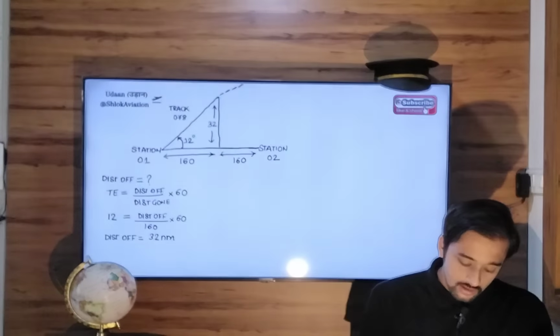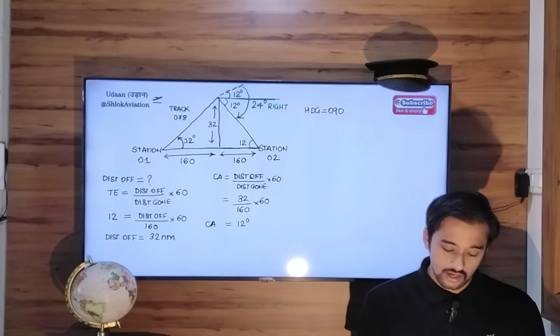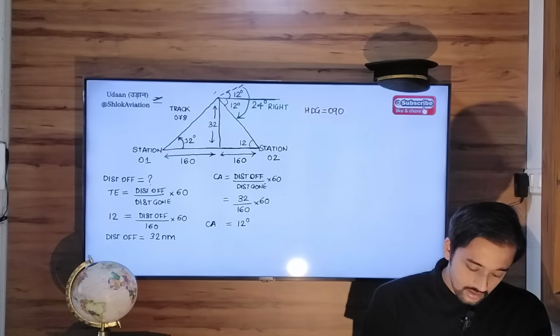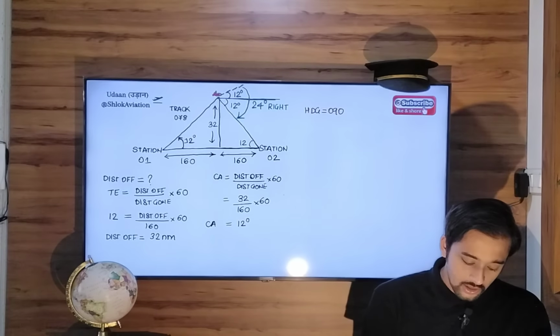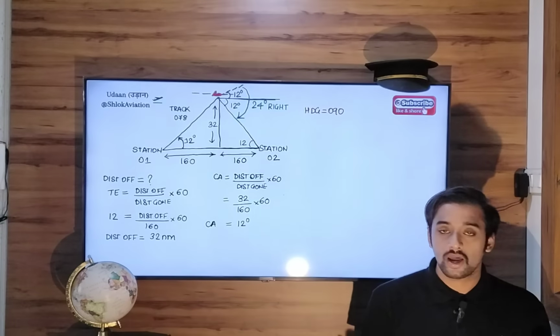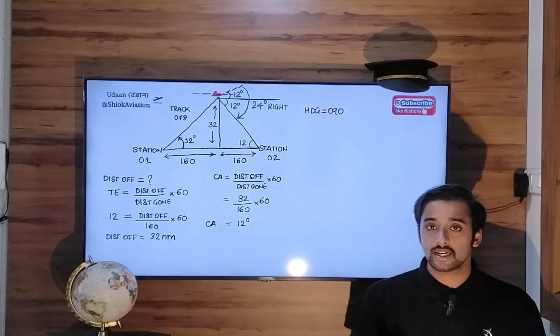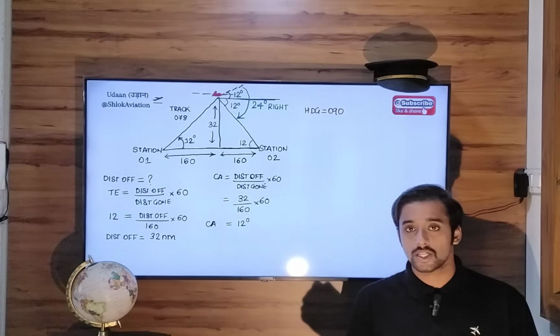Next, your aeroplane heading is what? It is 090 degrees. So your aeroplane is somewhere here, let's say, on track 078, and the heading is 090. Now we will have to again, like I said, correct that track and come back to station number 2.